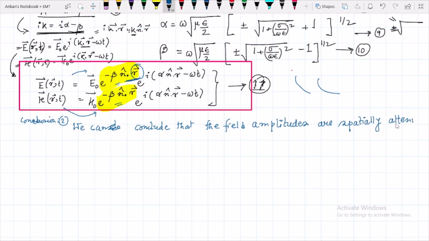So spatially attenuated, and the attenuation is due to, why is there attenuation? Due to the Joule effect or Joule loss.